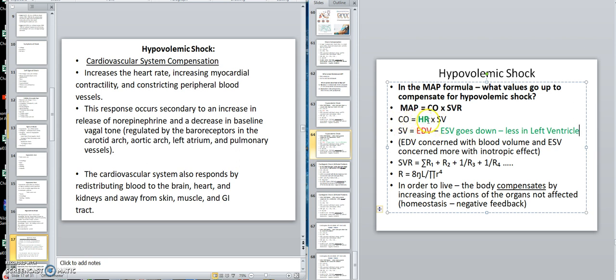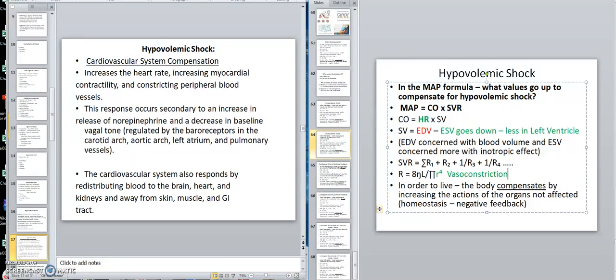So one thing that happens is an increase in heart rate. Another is to squeeze harder. Another thing could be that radiuses go down: vasoconstriction. Now what would that do?